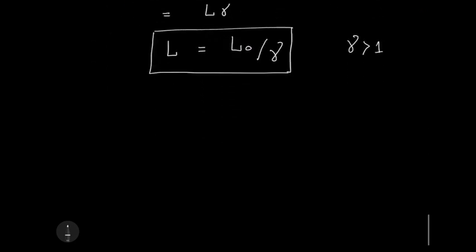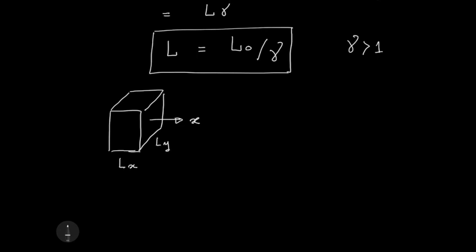If you ask what happens if, instead of a rod, I had a paper or even a parallelepiped like this, moving in this direction x, with a length in x, a length in y, and a length in z, you will see Lx will change from its proper value by the transformation relation.